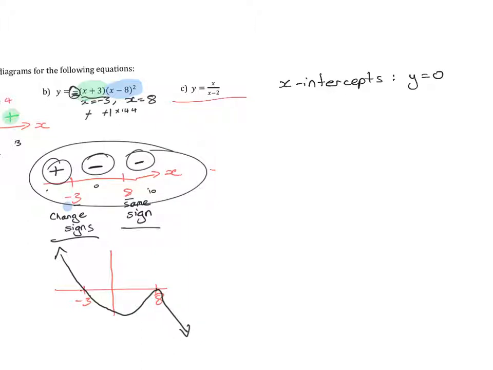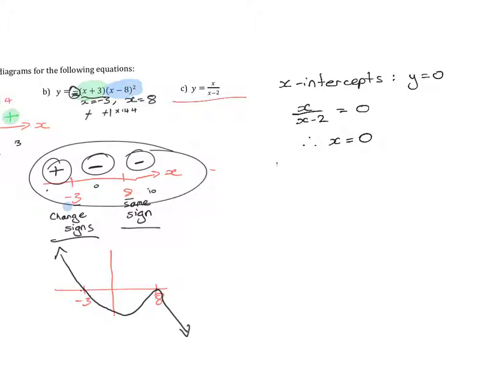So that's when, if y is 0, then this whole fraction equals 0. Now, hopefully you remember from a previous lesson that a fraction only equals 0 when the numerator equals 0. So therefore, that's when x equals 0. So x equals 0 is one of the x-intercepts. Now, I don't care about y-intercepts, so I don't need to worry about anything else there.